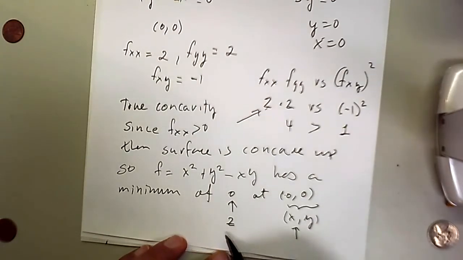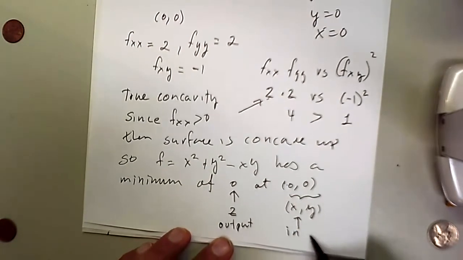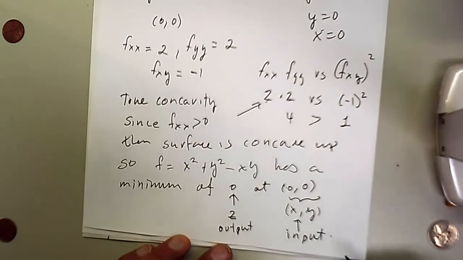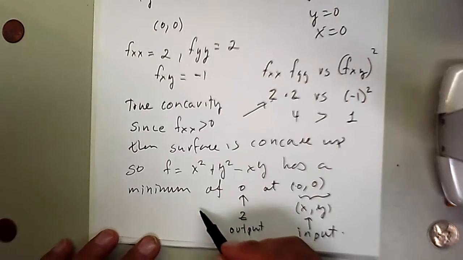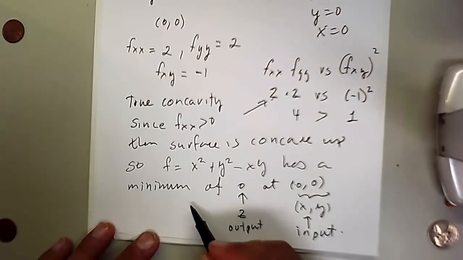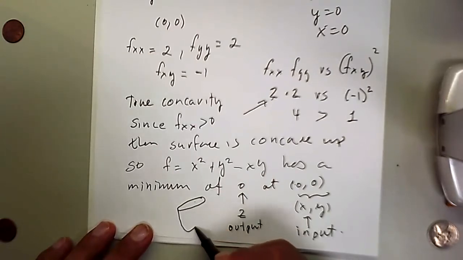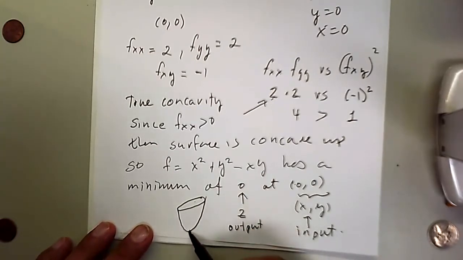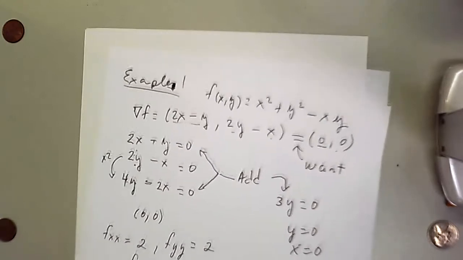So this is output, and this is input. It turns out that this graph is a hyperbolic paraboloid. So it has a minimum of 0 at (0, 0), and then it keeps going up. So that is our first example. Our second example is going to be similar.